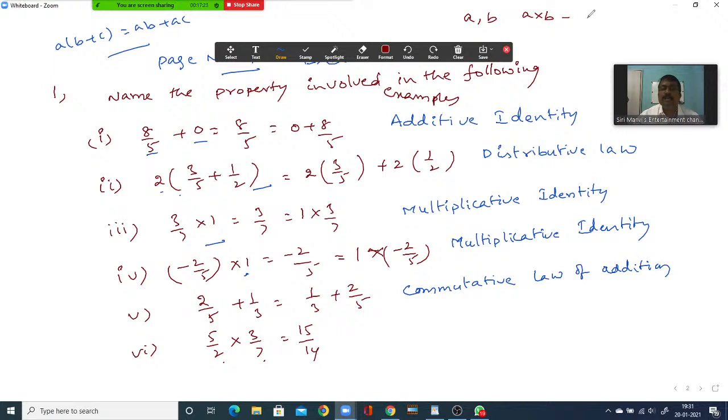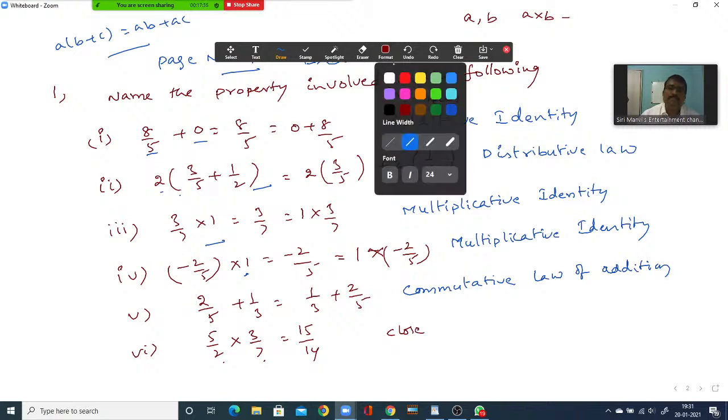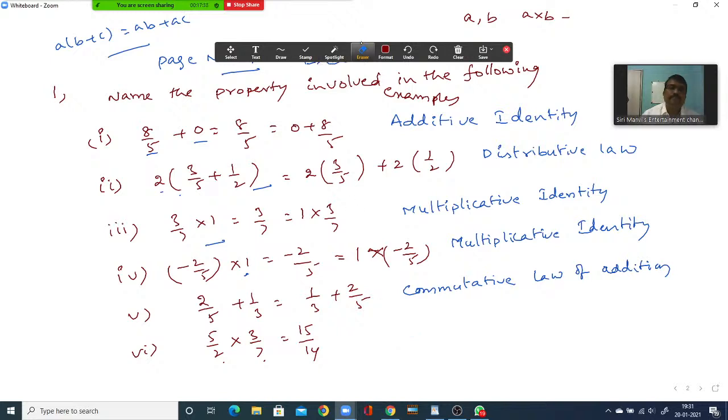This is called the closure property under multiplication, or closure law in multiplication. Okay. Next.